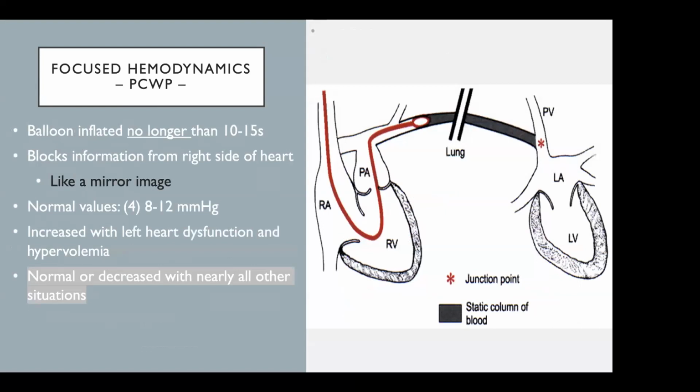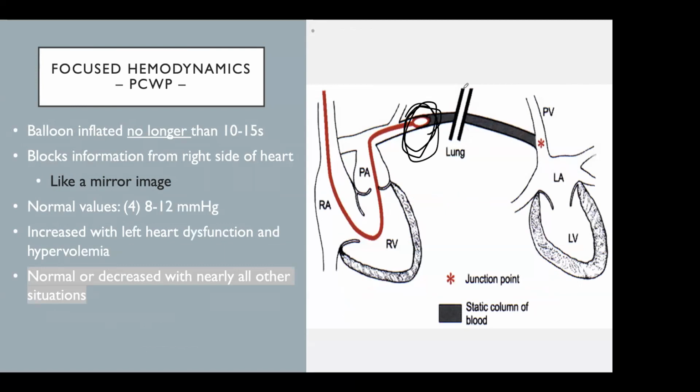Pulmonary capillary wedge pressure. This is where the balloon is inflated, right? So I want you to think about this. Everything that's being measured so far is coming through the heart. The left ventricle is pushing everything out of the heart.